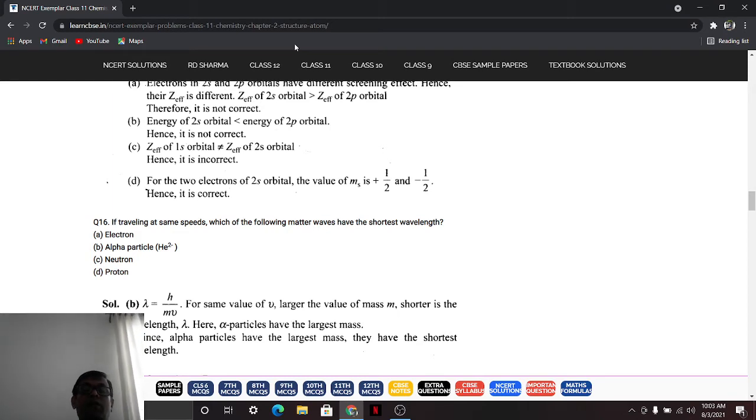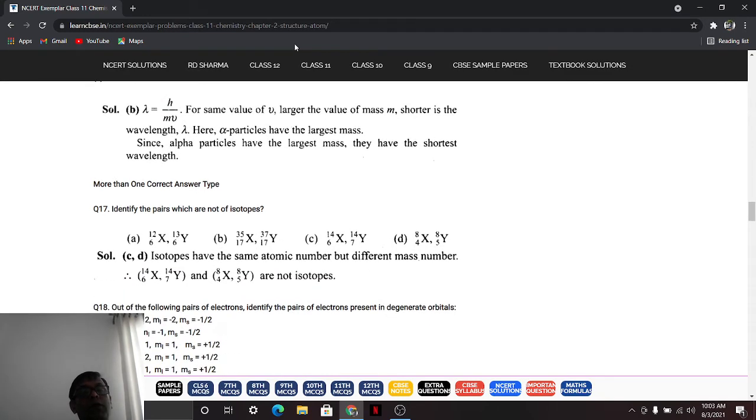Question 16: If traveling at the same speeds, which of the following matter waves have the shortest wavelength? Electron, alpha particle, neutron, proton. We know that lambda is equal to h by mv. For the same value of velocity, the larger the mass, the shorter the wavelength. Here, the alpha particle has the largest mass, so it has the shortest wavelength.